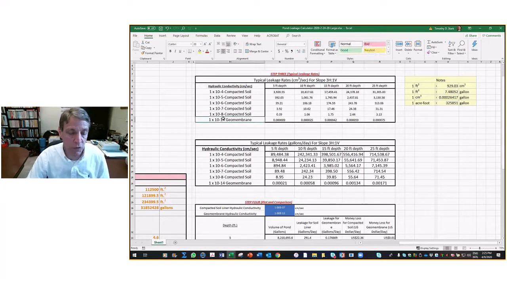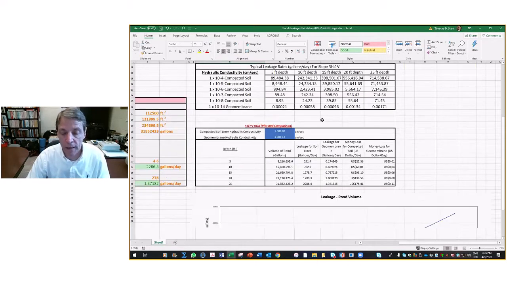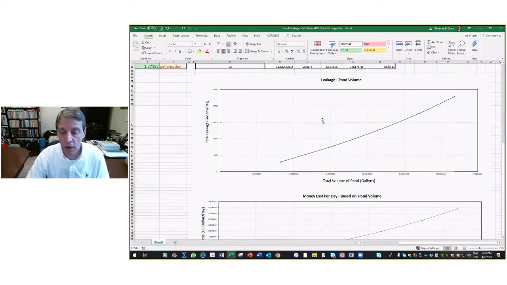Notice here it's a little lower hydraulic conductivity, 1 times 10 to the minus 14. And these two tables of typical leakage rates for different configurations are used below here to plot leakage versus pond volume. And that's important because then the engineer can size the pond for a given leakage rate.